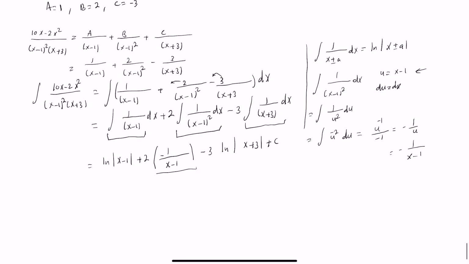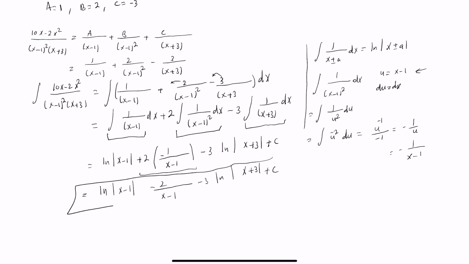Now let's simplify this term here. That's going to be equal to the natural log of x minus 1, and then minus 2 over x minus 1, and then minus 3 times the natural log of x plus 3, plus the constant. And that should be the antiderivative of the given integral.